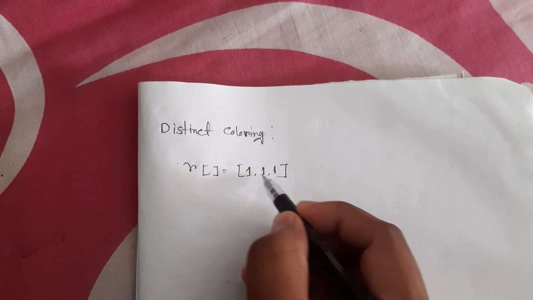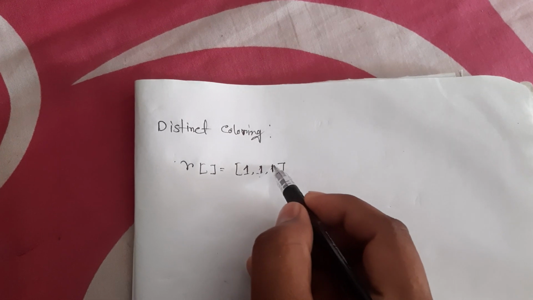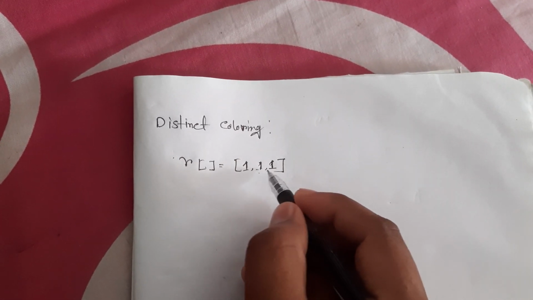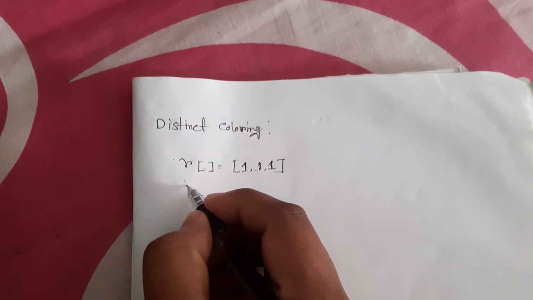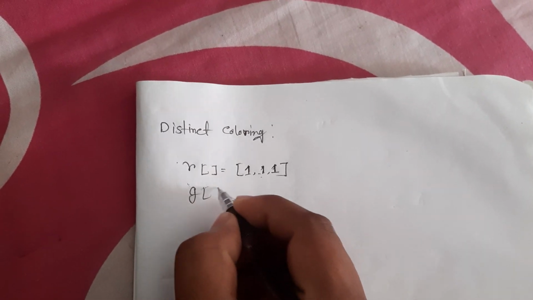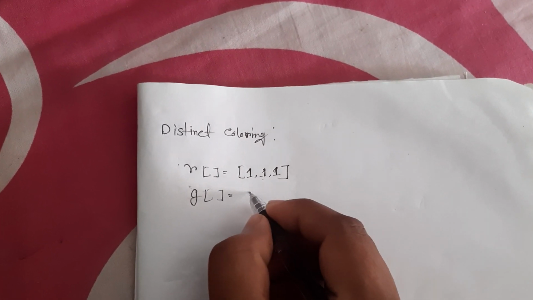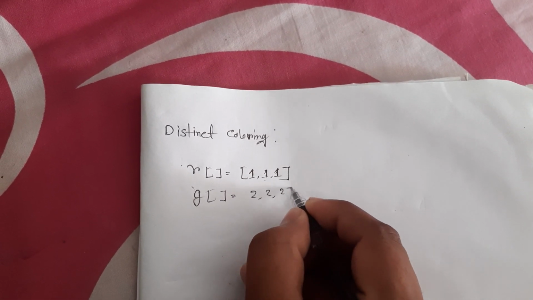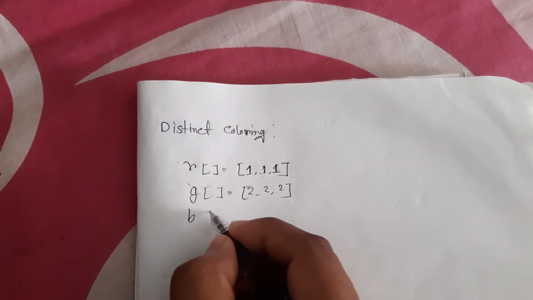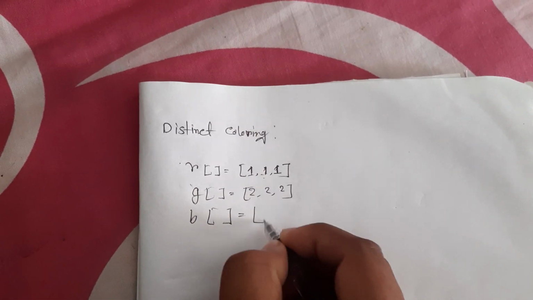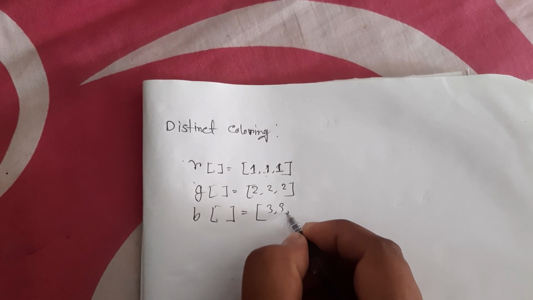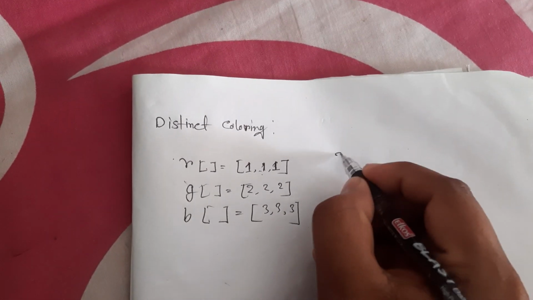Number 2 with red costs 1, and number 3 with red also costs 1. We have green as well, let's say 2, and blue, so 3. So there are 3 houses.